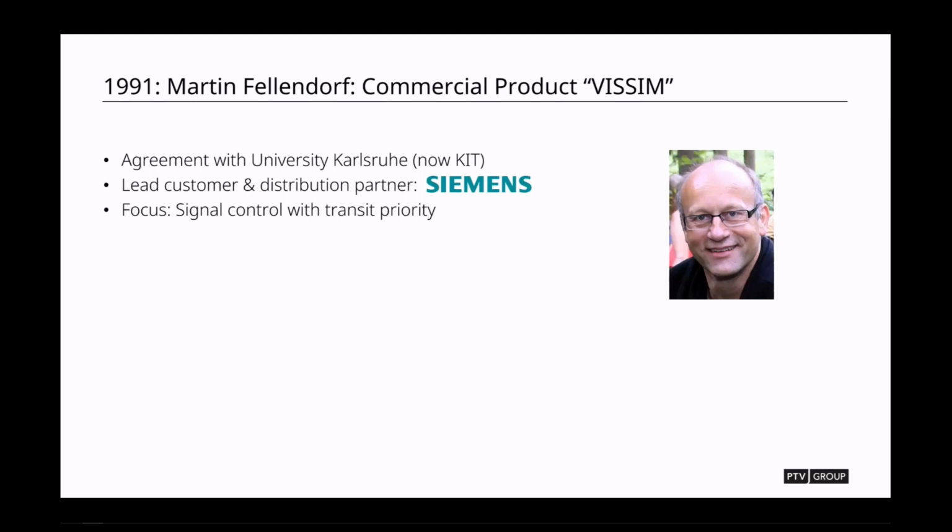The university, in exchange, has lifetime usage rights for the products which are developed from it. He also started talks with Siemens, who at that time were the lead customer and a distribution partner. So the focus of Vissim in the first time was mainly signal control.